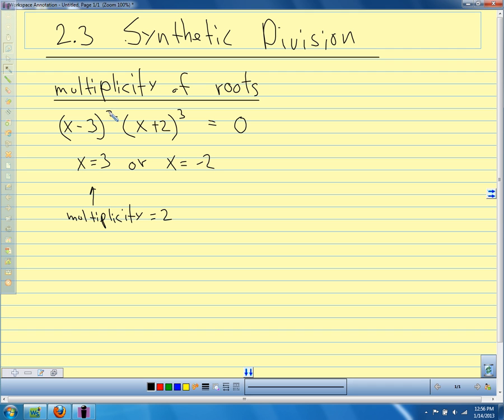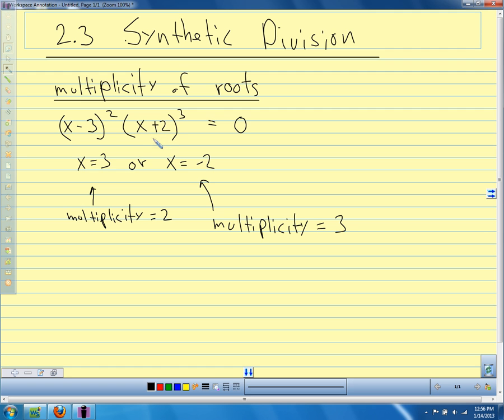The multiplicity of negative 2 is 3 because the exponent on that parentheses is 3. So if we solve our equation, whatever the exponent is on our parentheses tells us the multiplicity of that root.